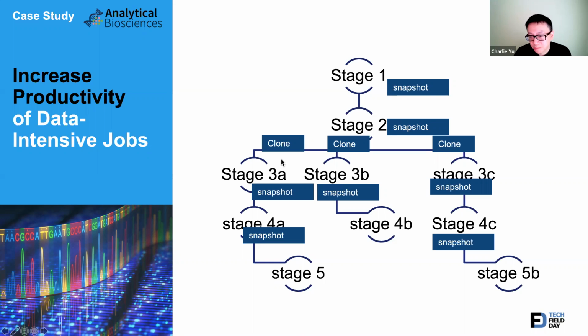On stage 3, we can expand that into 3 stages by using our clone at the same time. And this allows you to shortcut some of the steps. And then you will see an actual example at the end, how we did that. So this is another way to increase the usage of the resource, the memory, the CPU on the server, and then reduce the time of the overall processing.